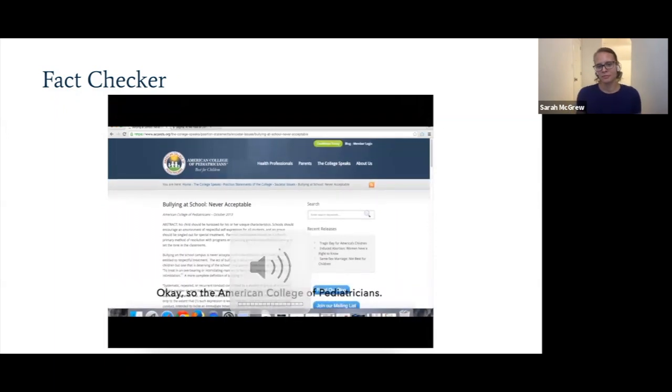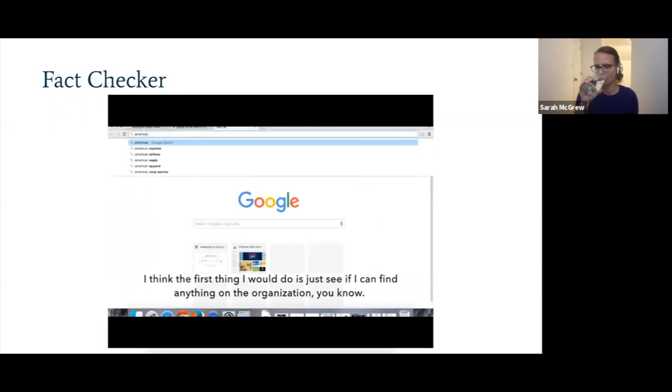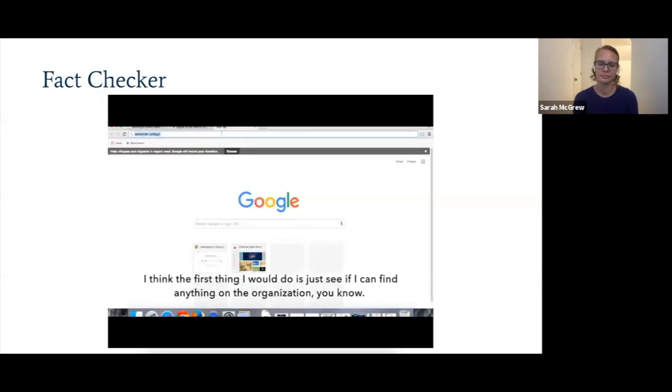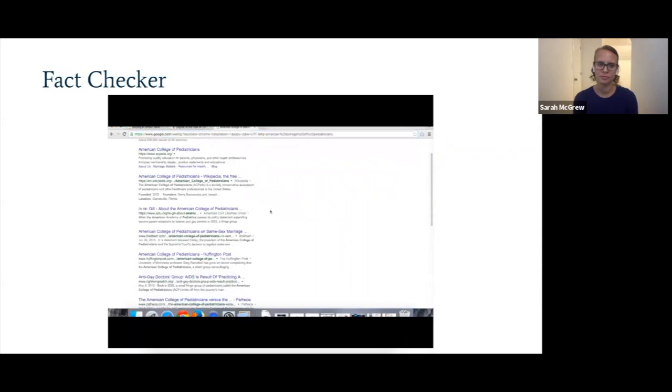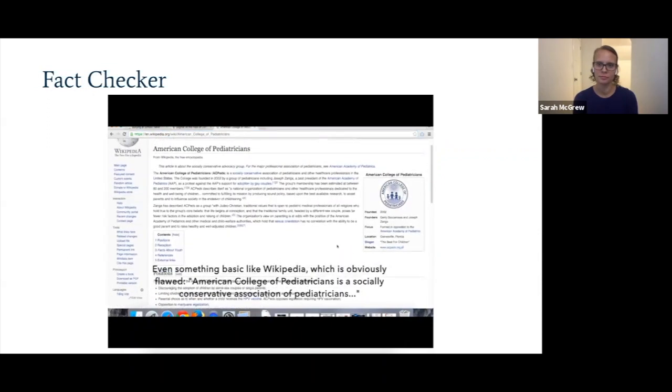Okay, so the American College of Pediatricians. I think the first thing I would do is just see if I could find anything on the organization of pediatricians. Even something basic like Wikipedia, which is obviously flawed.